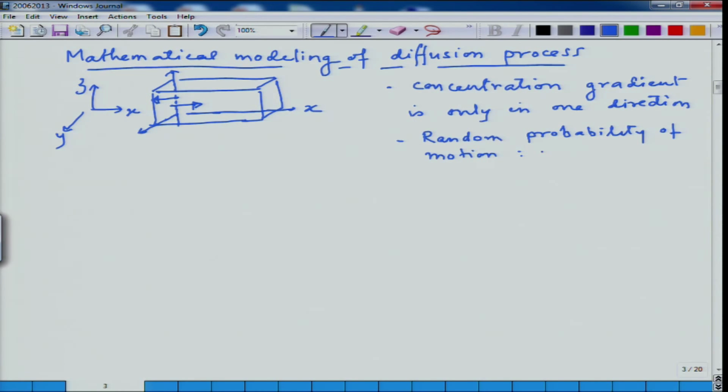So, in other words, this means that the number of particles, in this case let us make this problem more specific, let us make this a problem for holes. So, particles are holes here, and the number of particles moving in the positive and negative directions is exactly equal.